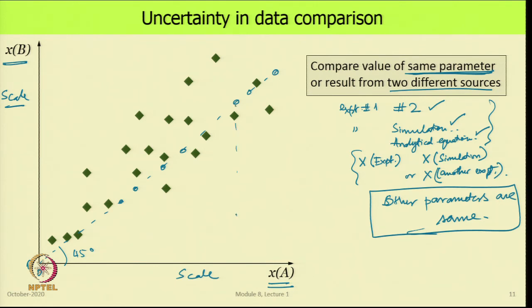Whatever was the value of x, we got exactly the same value of y. So, all the points falling on a line like this 45-degree line would tell you that you have a very good match between x from source A and x from source B. In practical world, this happens very rarely. So, now let us see what we can do about it.